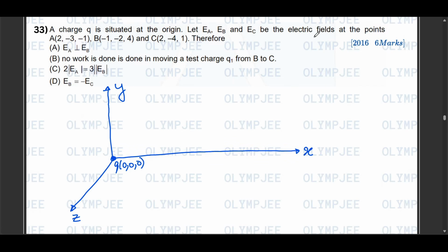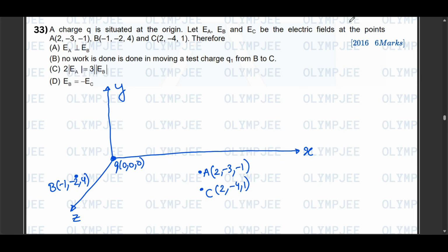So A is somewhere here, B is somewhere here at -1, -2 and 4, and C is somewhere here at 2, -4, 1.